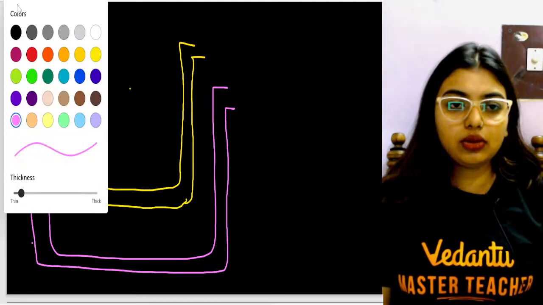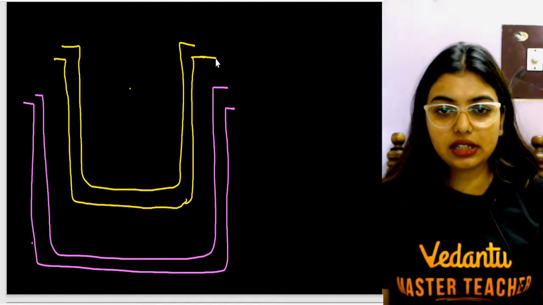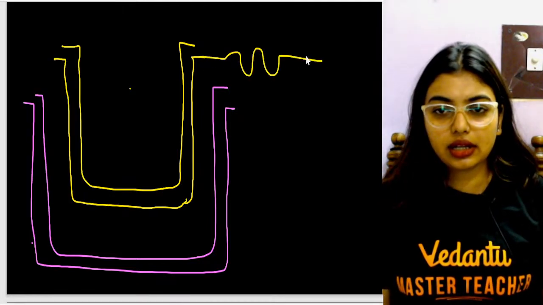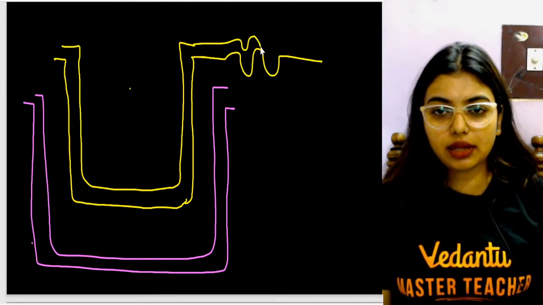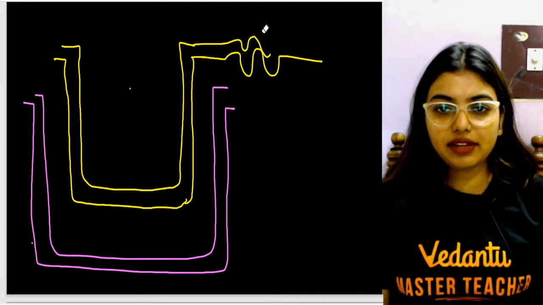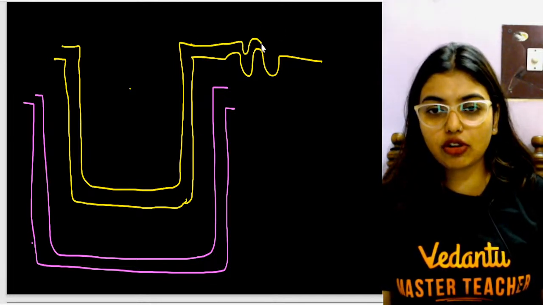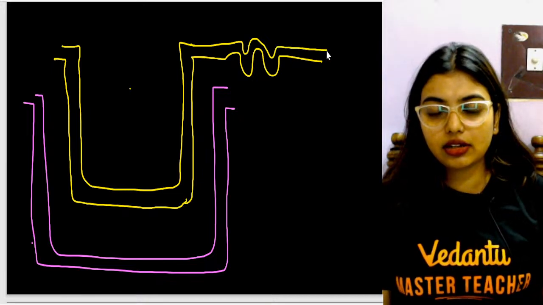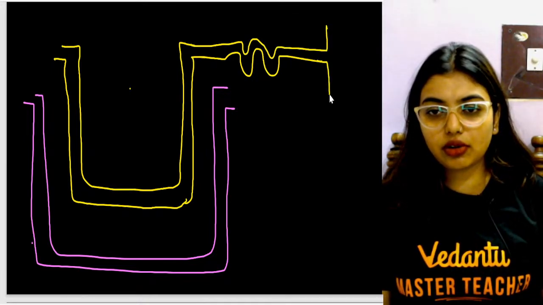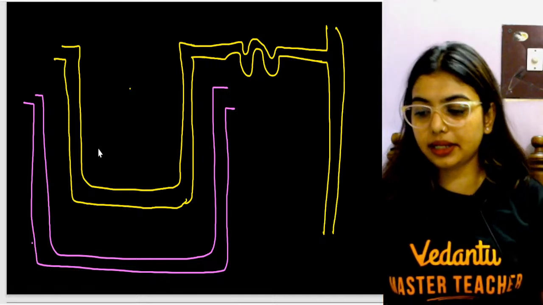Now this loop of Henle, obviously here the DCT is going to come, and the collecting duct is going to come. I'm just drawing a very below average diagram, because if I draw it properly you will not understand. So this is your collecting duct.